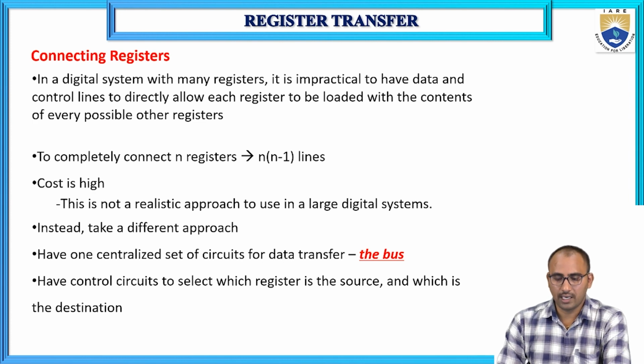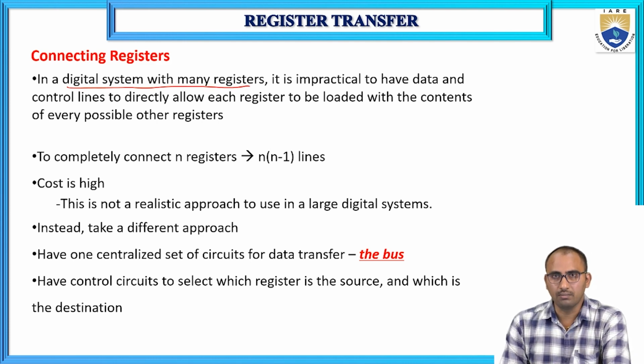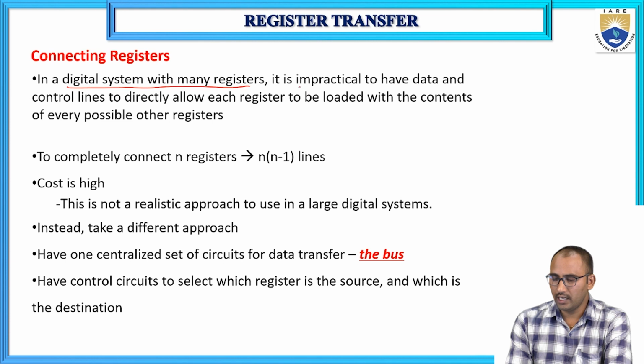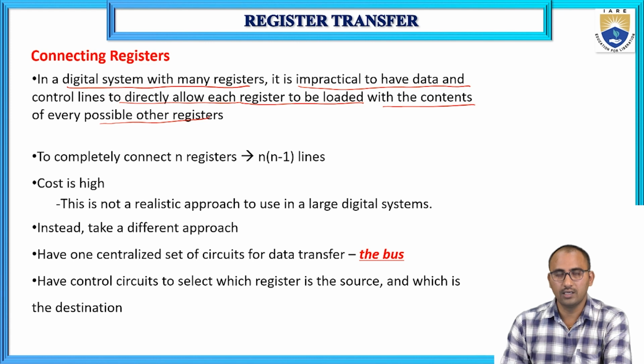And coming to connecting registers. How can we connect different registers? In general, any digital system contains several registers. It is impractical to have data and control lines to directly allow each register to be loaded with the contents of every possible other register.